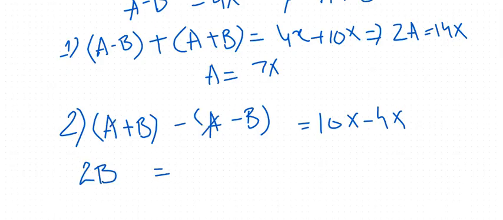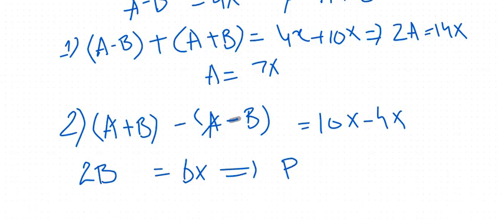So 2b equals 10x minus 4x, which is 6x. Now we get b equals 3x. Now we have the values of a and b.